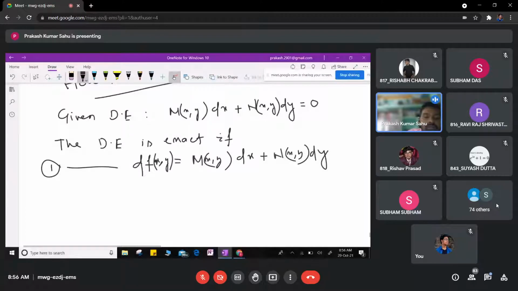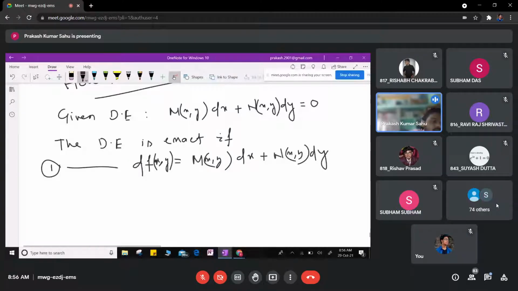Again, everybody knows the total derivative. So df is equal to del f by del x into dx plus del f by del y into dy. You know this from partial differential equations, and this is called the total derivative.